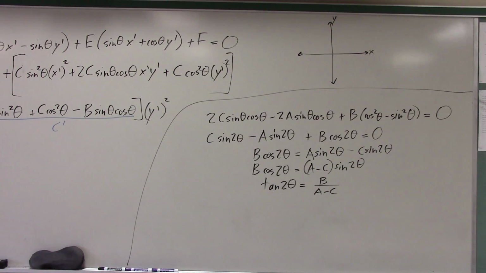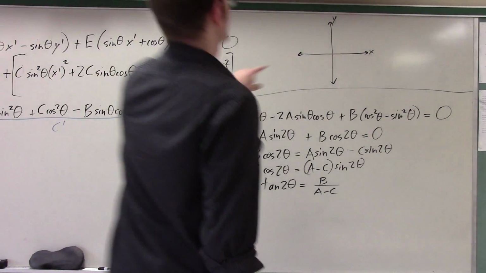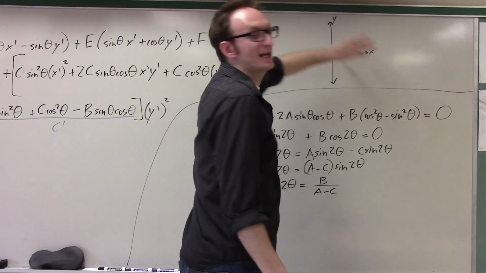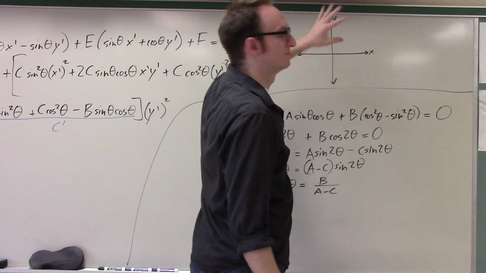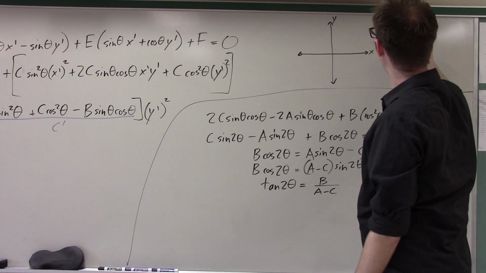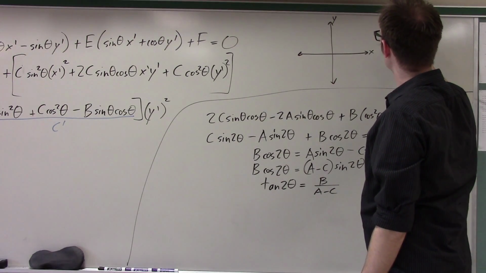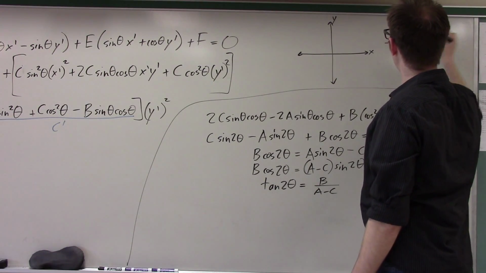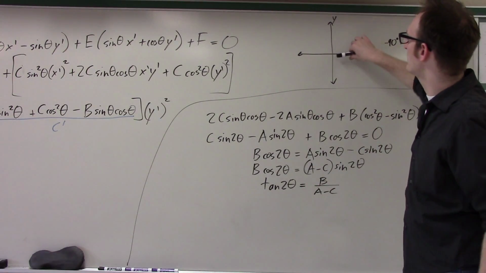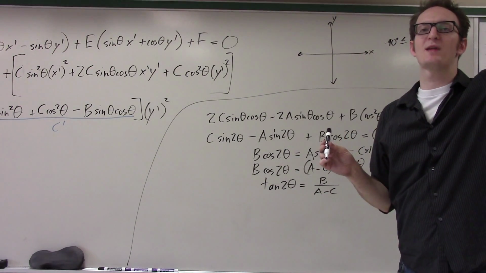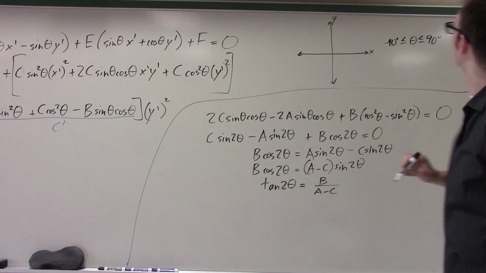Because if you're going to rotate it like 150 degrees, you might as well just rotate it like 60 degrees. I hope that's obvious. So let's just say that my angle theta is always going to be somewhere between negative 90 and 90. Just by convention, I'm either going to rotate it back this amount or back this amount. I never have to go more than that. I hope that's clear.